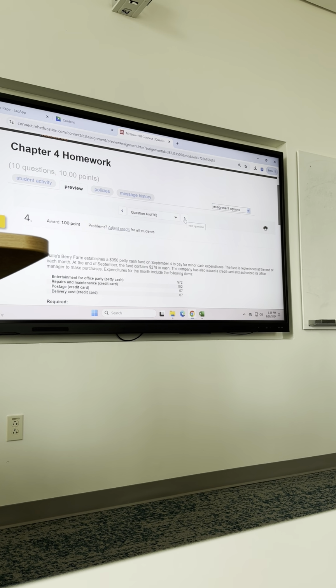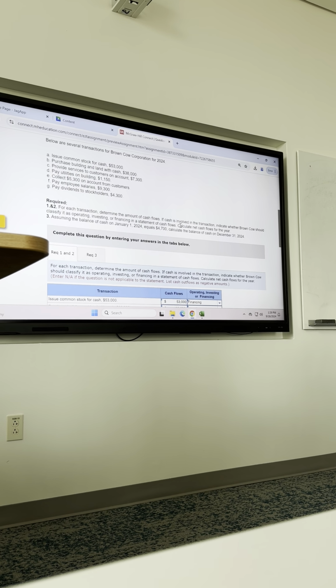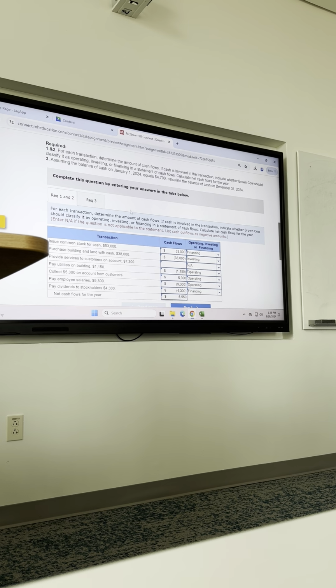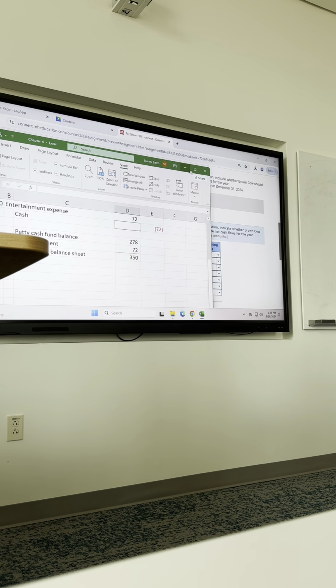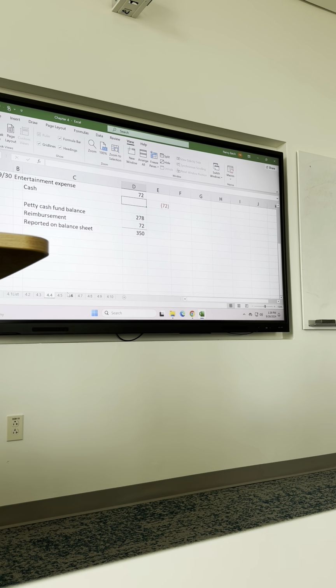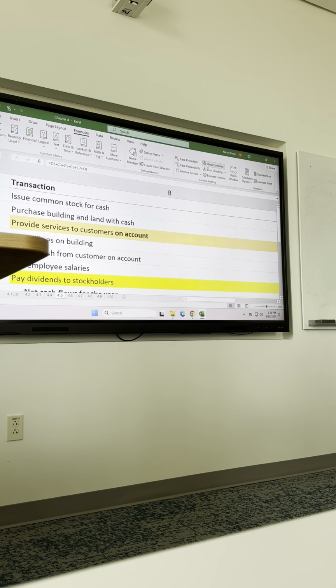Okay, problem number 5. This is good. This is kind of getting us comfortable with the idea of statement of cash flows. Not quite there yet, but soon. There are actually 2 different methods of preparing a statement of cash flows.